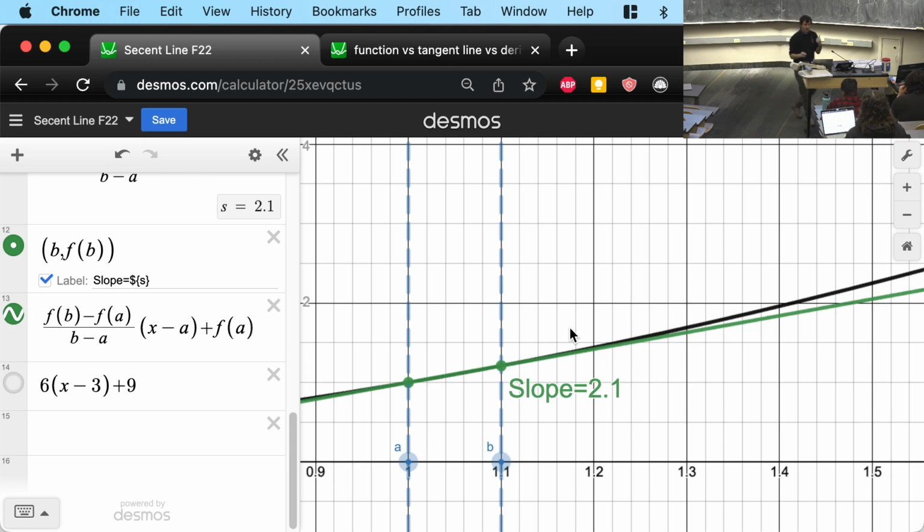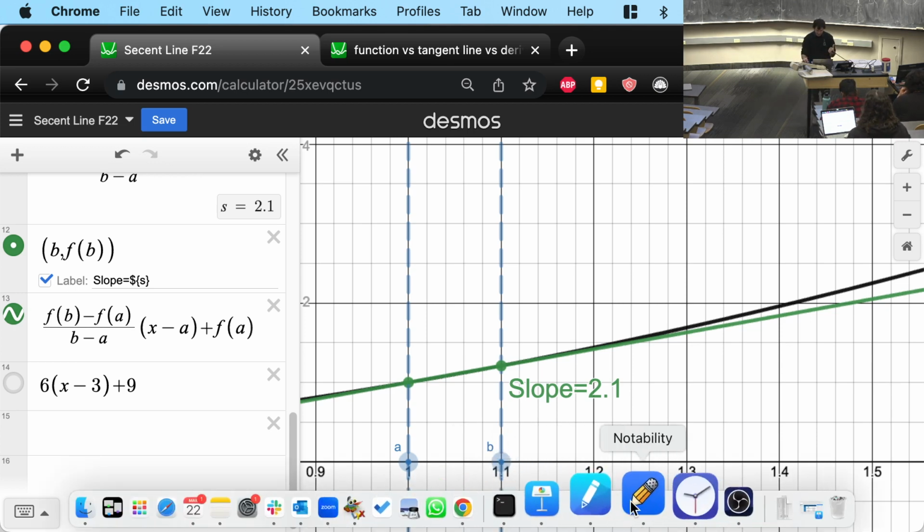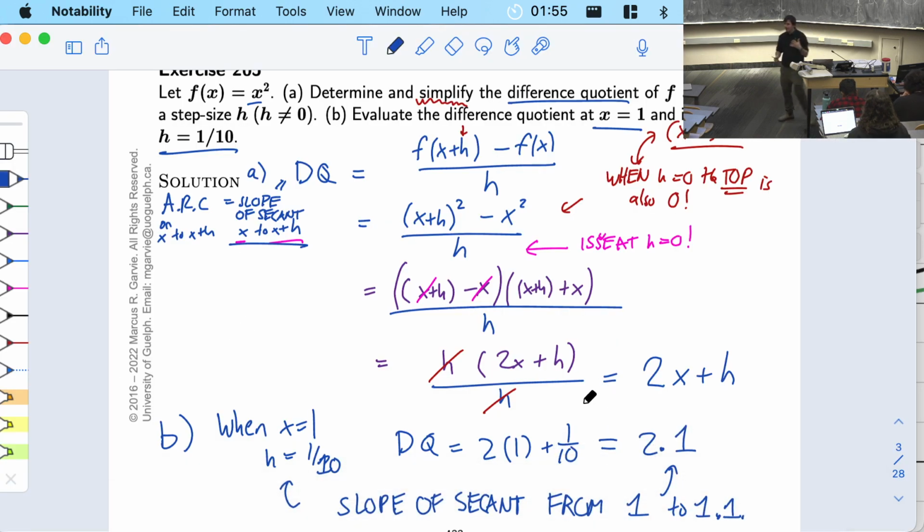Okay. So what is next in the notes? In the notes, they say we calculated the difference quotient for x squared. Was there a question here? Yeah, go ahead. The which? The answer was, before the answer was 6, that was when x was 3, right? In part B of this question, x equals 1.